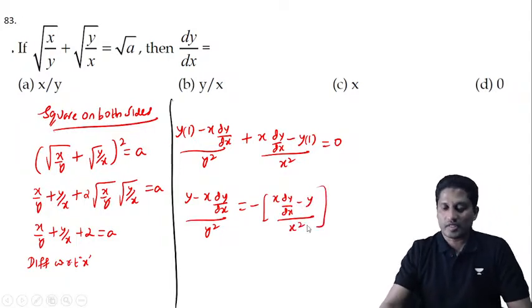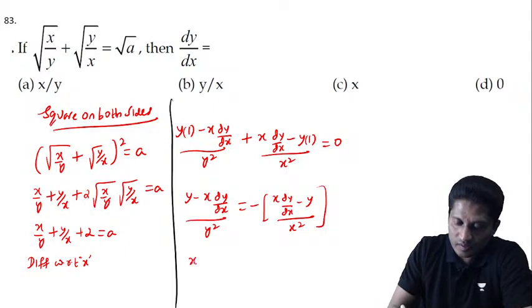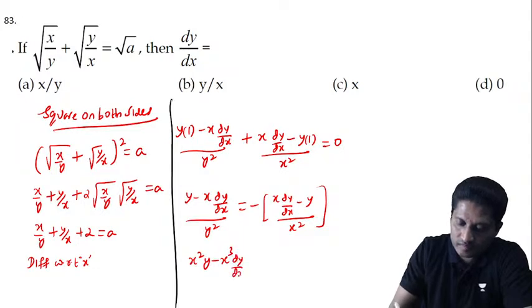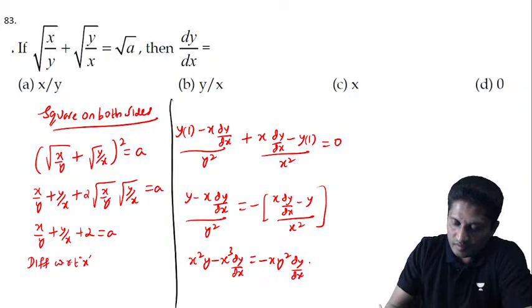Alright, now if I cross multiply, you will get x square into y minus x cube into dy by dx is equal to minus x into y square into dy by dx. Minus and minus is plus, this is y cube.